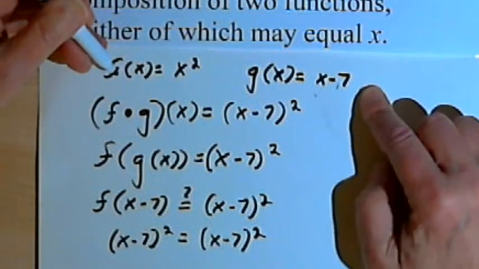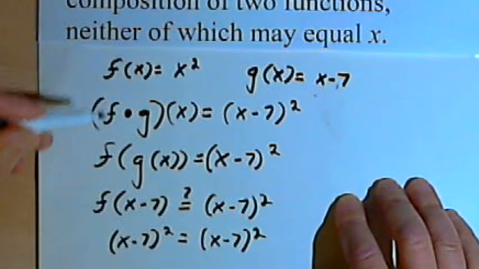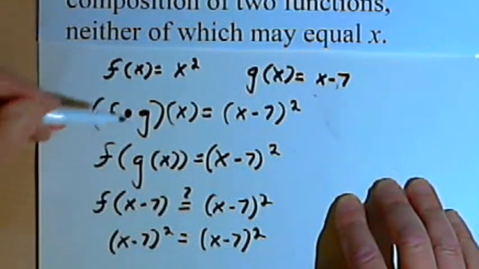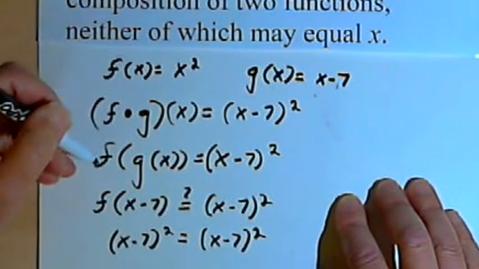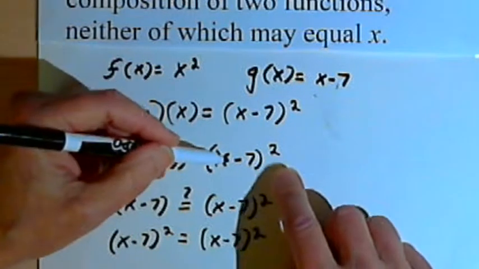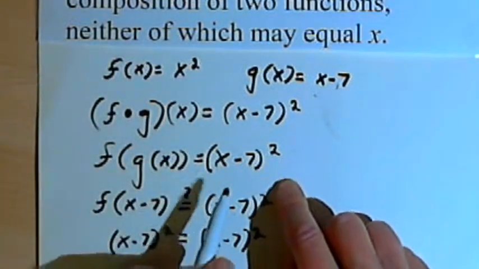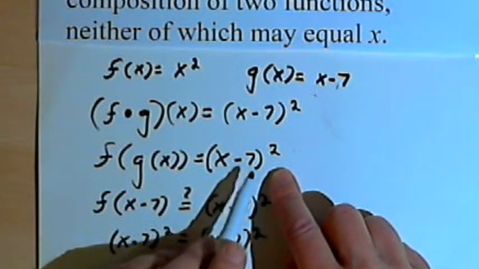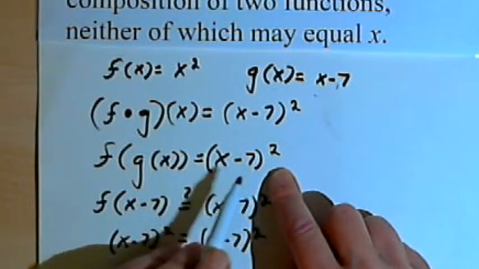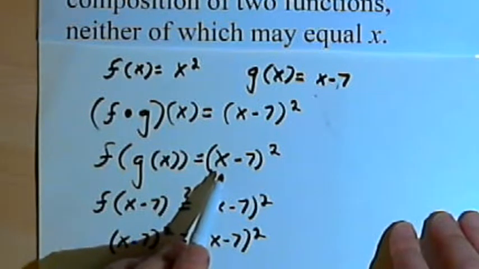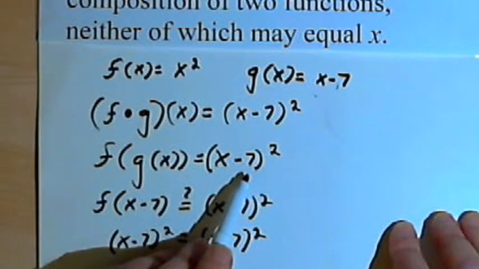Let me go over the steps one more time. I take the function and rewrite it as a composition, f compose g. Then I rewrite that f compose g in a more convenient form, f of g of x. And I write what that's supposed to equal. Then I look at that expression that I have, (x − 7)², and I ask myself, what happened to the x and what was the order it happened in? Well, the first thing that happened to the x was 7 was subtracted from it.